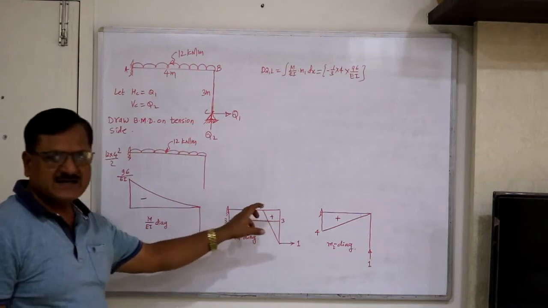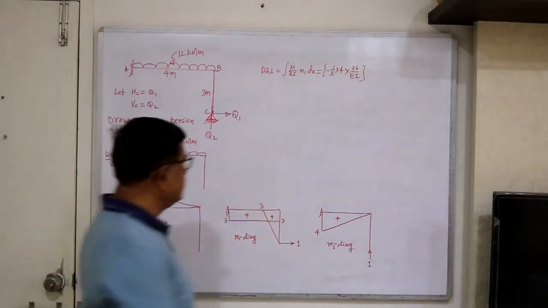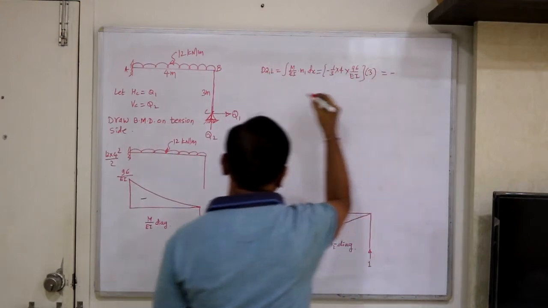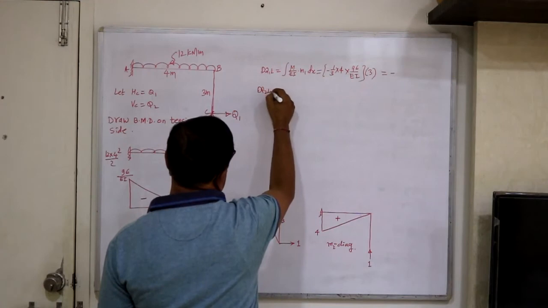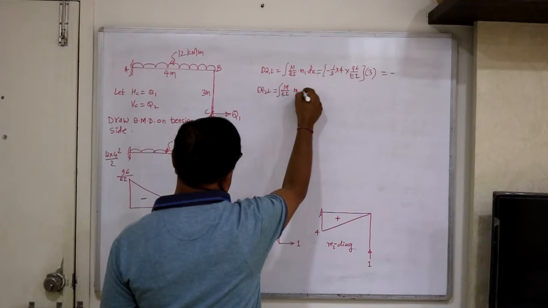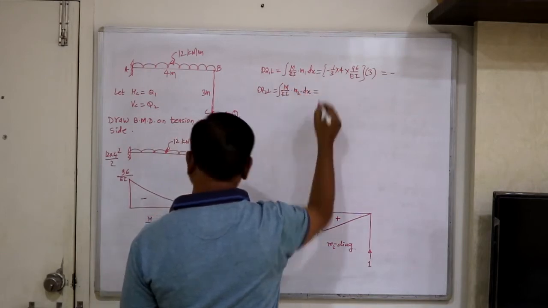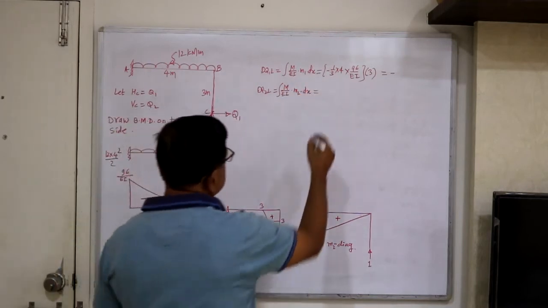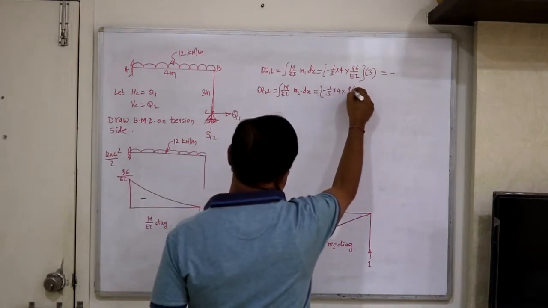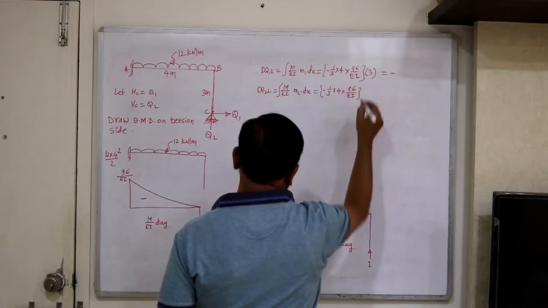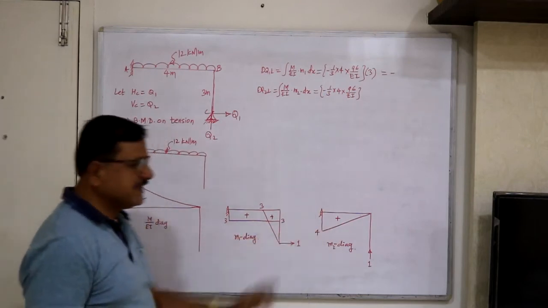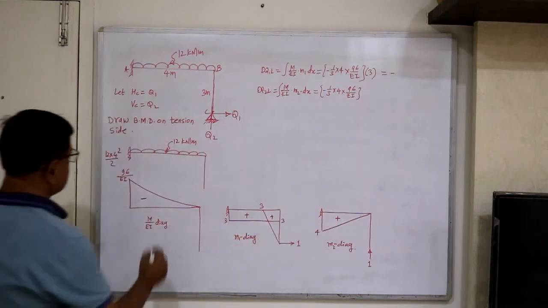Now the ordinate of the M1 diagram at the CG of this diagram. So M1 is a rectangle. Wherever you take the ordinate, it is 3. So this is plus 3. So you find out this. Answer is minus. Then dQ2L equal to integration M upon EI M2 dx equal to, now here again same area, so that is 1/3 base height into the ordinate of the M2 diagram at the CG. Now the CG is required.